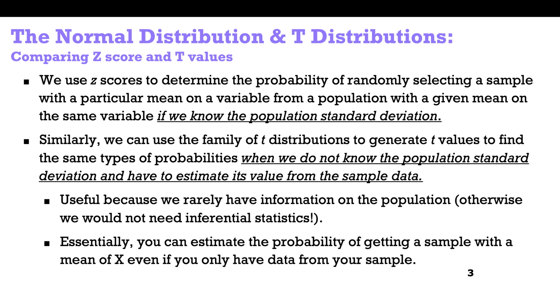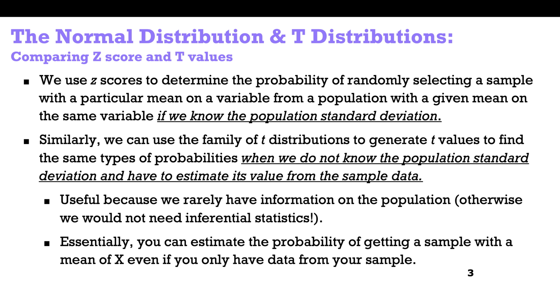So we use z-scores to determine the probability of randomly selecting a sample with a particular mean on a variable from a population with a given mean on the same variable. Or, said in other words, we use the z-distribution to determine the probability of randomly selecting a sample of a given size, say 30, with a mean IQ score of 12 from a population if we know the population standard deviation.